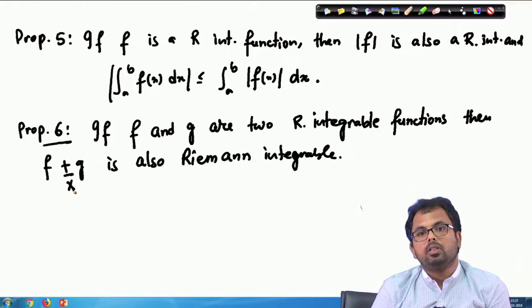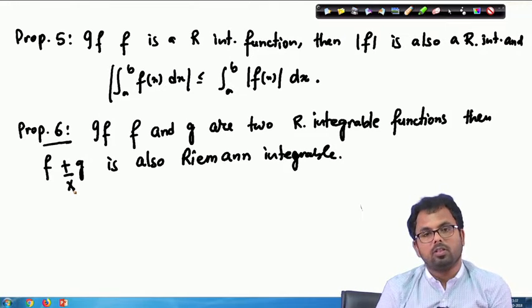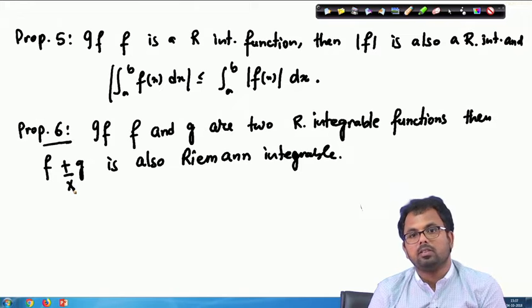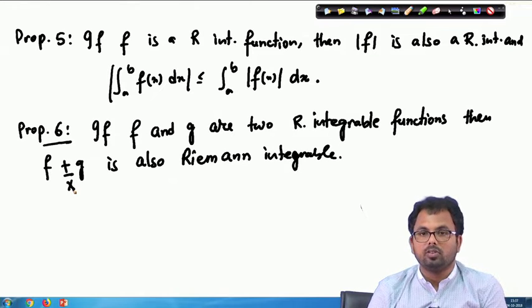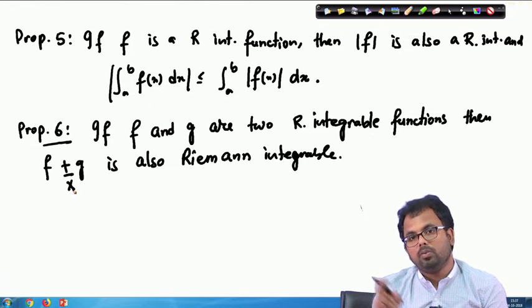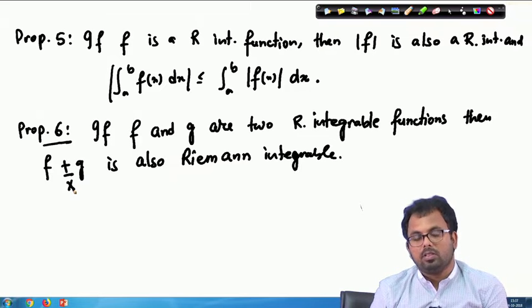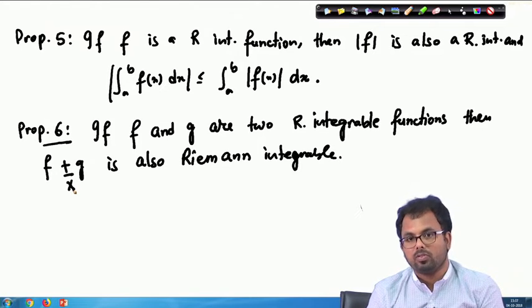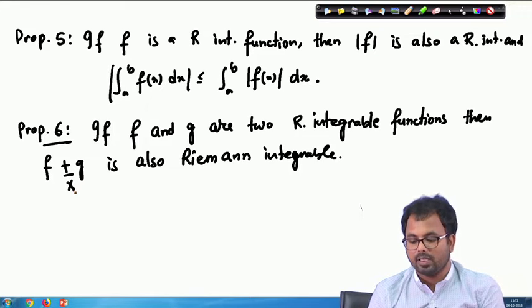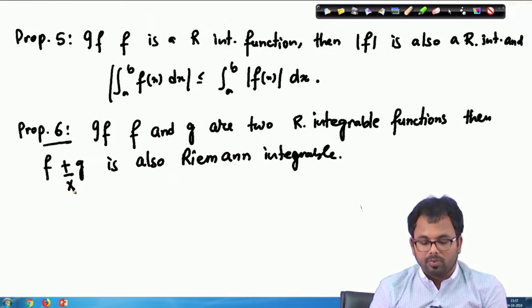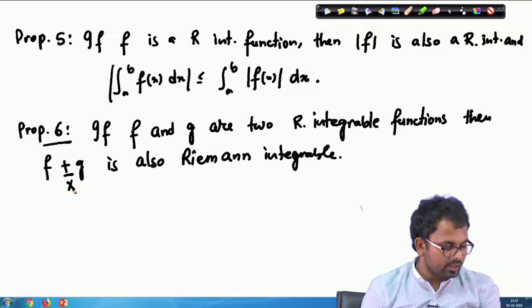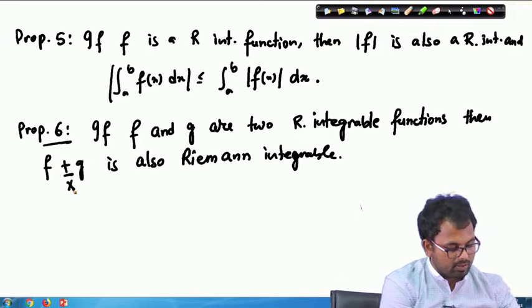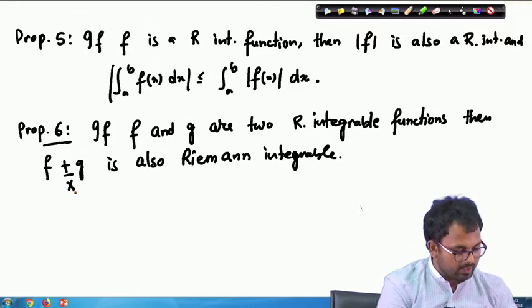For the quotient you need the non-zero condition on the function g, that g has to be non-zero throughout the interval a to b, and then we can talk about its Riemann integrability. So it's along the same lines as the properties of limits and continuity for sums and differences of two functions. And for the proof of this theorem, I would recommend you look into the books which I recommended.